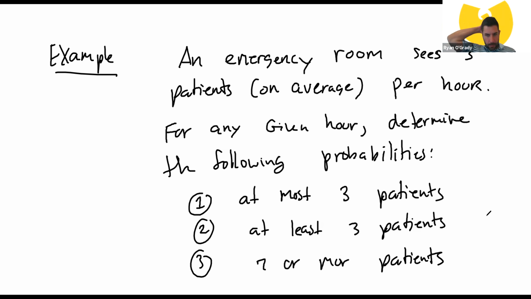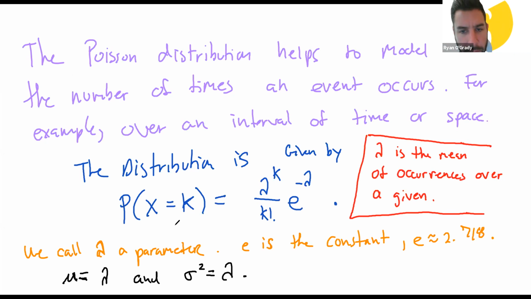I should spell 7 or more correctly. So we need to figure out how to use this formula. What is this formula telling us, or how can we interpret it? That the probability that a random variable is equal to a specific value is given by this.